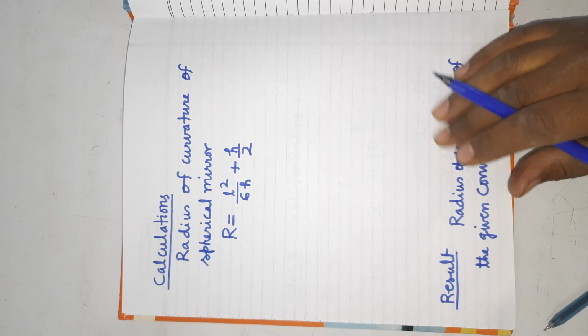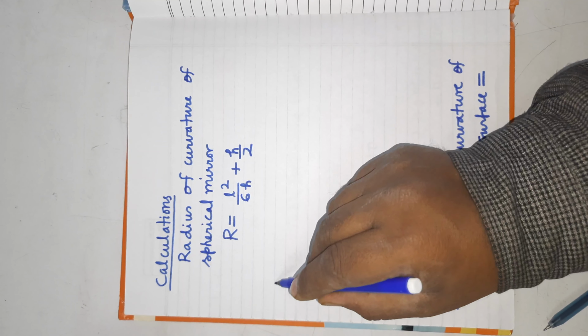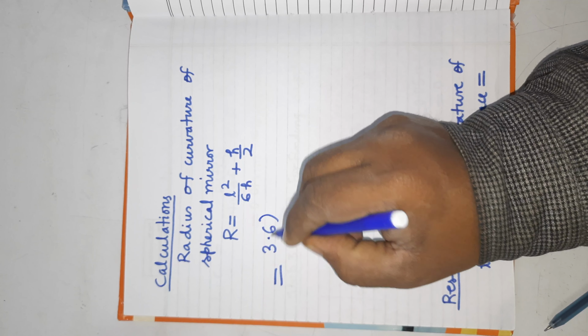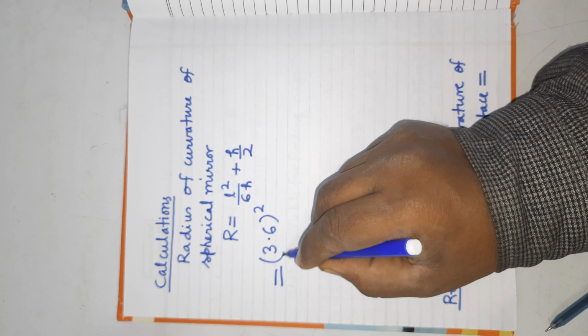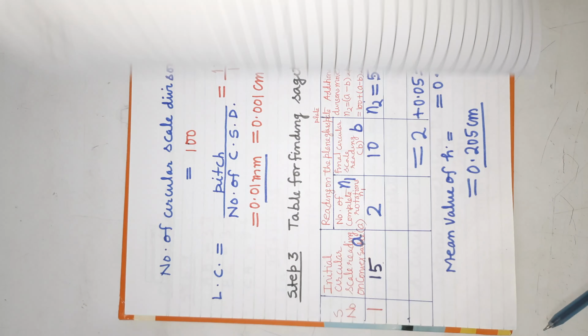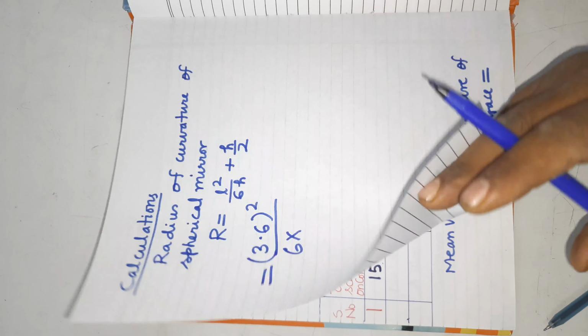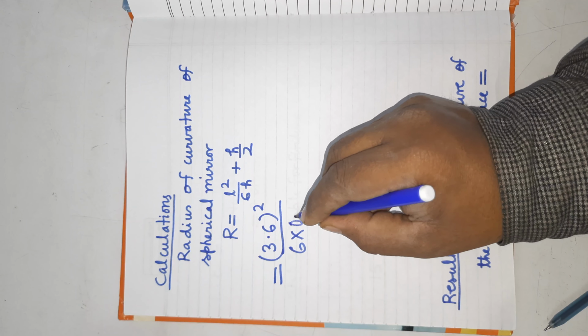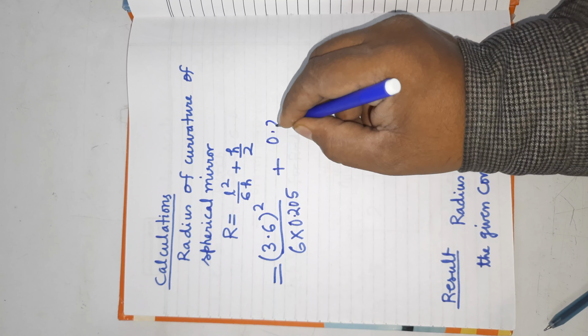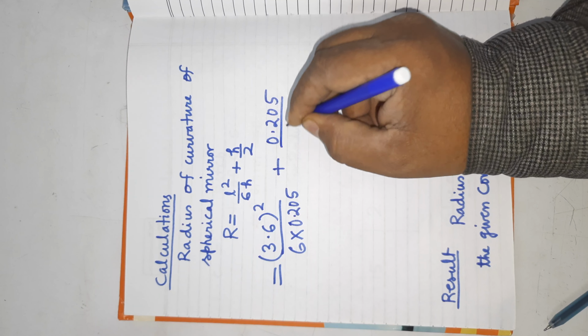After that you have to find the radius of curvature. What is L? L, as I have already told, we have calculated as 3.6. So R is equal to L squared upon 6h plus h upon 2. H is 0.205.